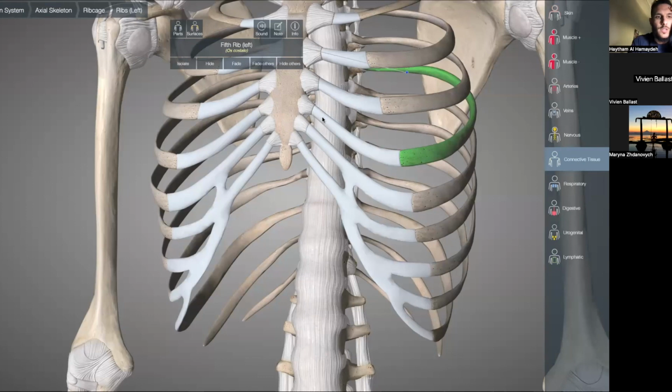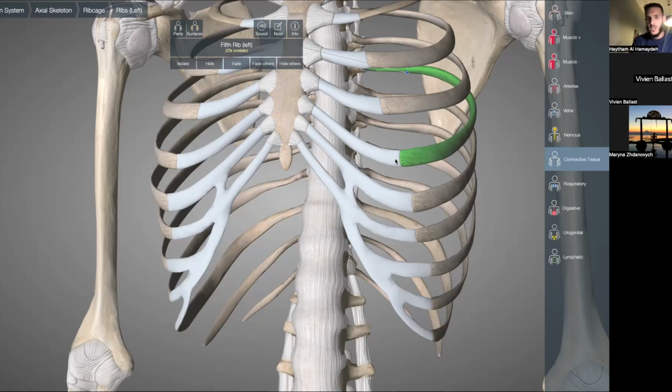Yes, it's called the sternocostal joint. We didn't give so much importance to this cartilage, right now we're naming this joint. When we talk about the joint between the costal cartilage and the sternum, we just say sternocostal joint. That's it.